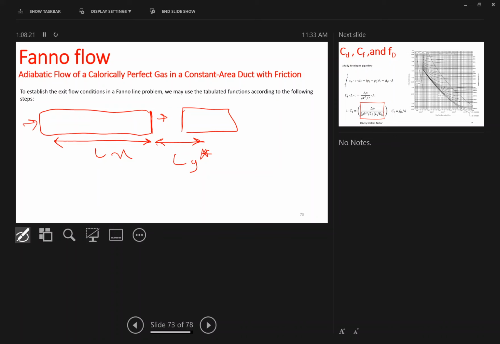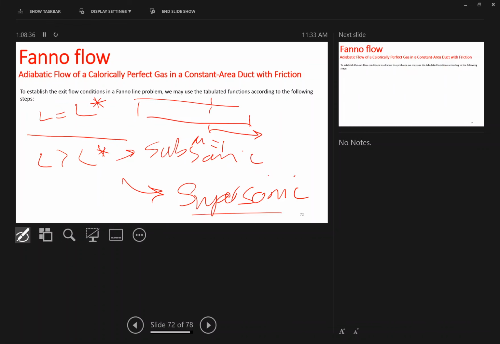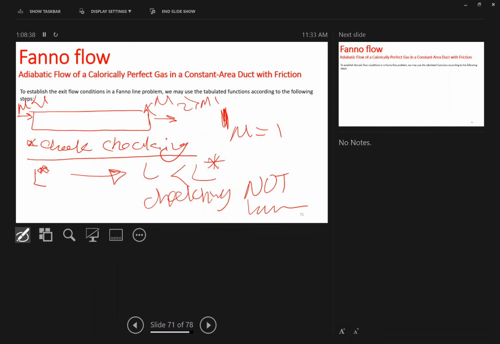So what does this mean? It means that this Lx is smaller than any L star you can have, because we are not reaching the choking conditions. So this is the first case we discussed, where your L is smaller than L star.